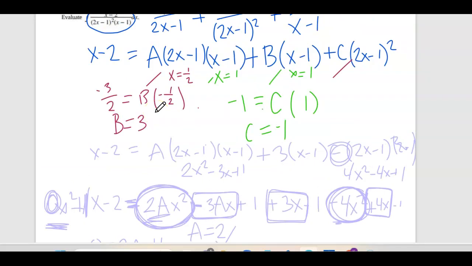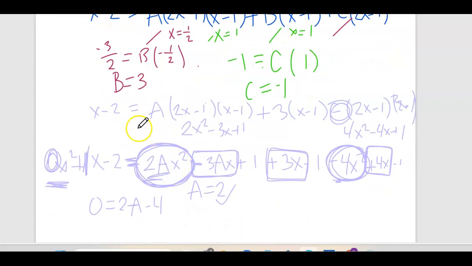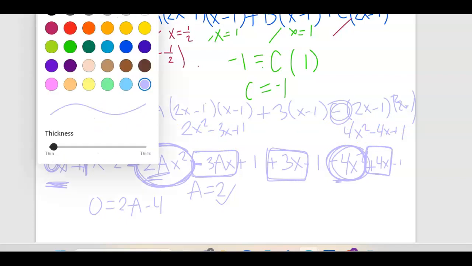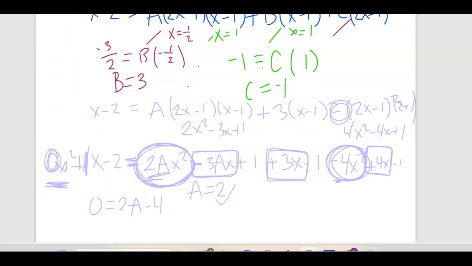Once I know that b is 3 and c is negative 1, another option is to write this all out and then choose another easy value, if you haven't already used x equals 0. You end up getting a equals 2. So that's another strategic substitution you could do, but it's not as clear as using a zero of one of these, okay?